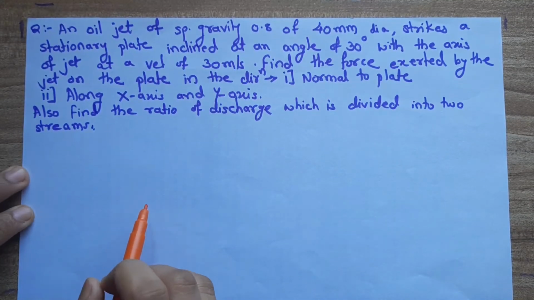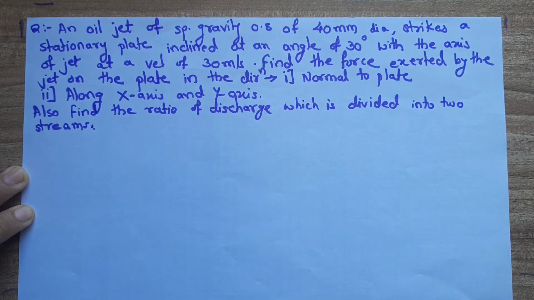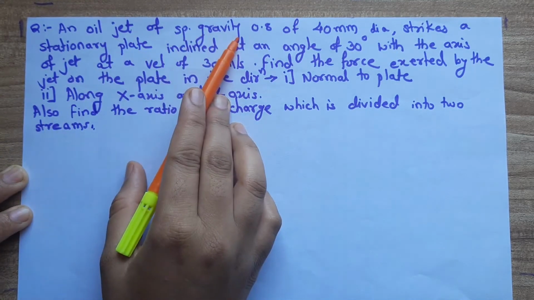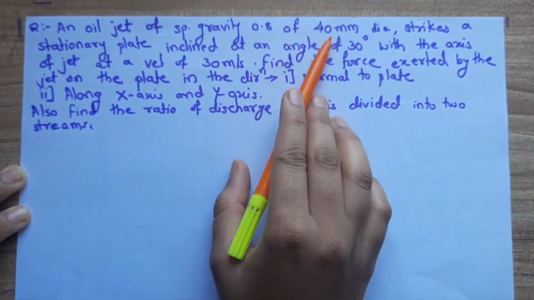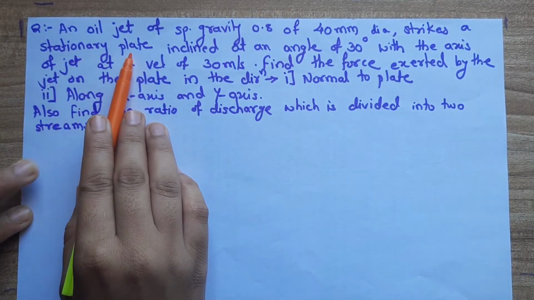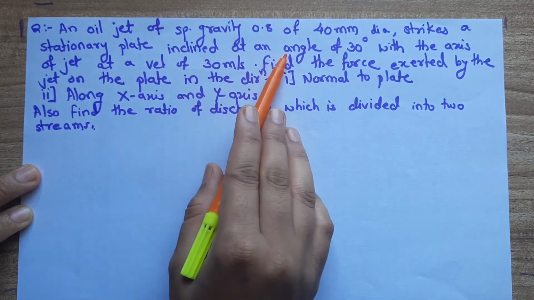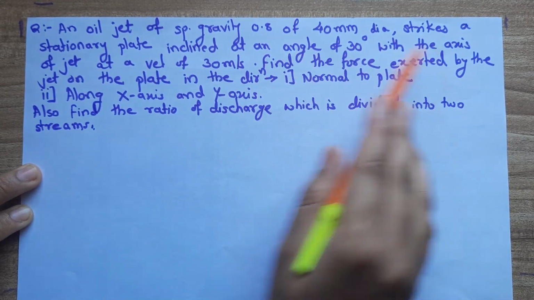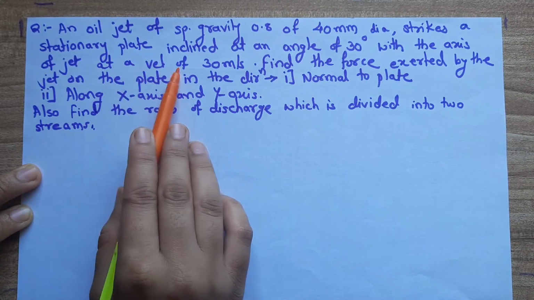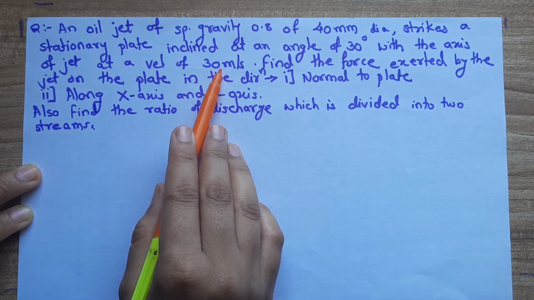Now let's see a simple numerical based on the topic which we have just derived. So here what is given? An oil jet of specific gravity 0.8 and 40 mm diameter strikes a stationary plate which is inclined at an angle of 30 degrees with the axis of the jet, and it is striking with a velocity of 30 meter per second.